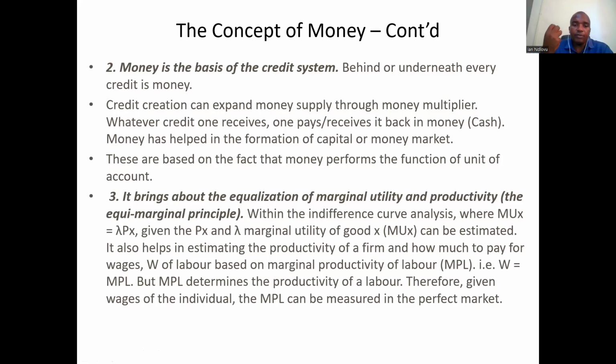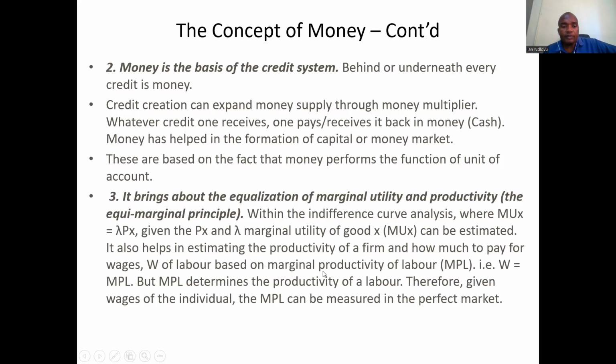We are able to have the concept of weighted marginal utility, which is our lambda, because of money, because Px stands for just the price of commodity x. And then MU of x is the marginal utility of commodity x.